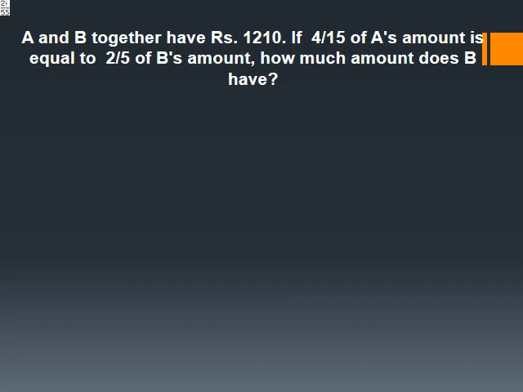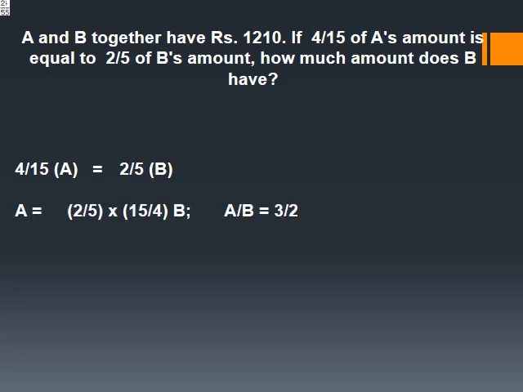In these types of examples, we can do it like this: 4 by 15 of A is equal to 2 by 5 of B, because that is clearly given in the problem.